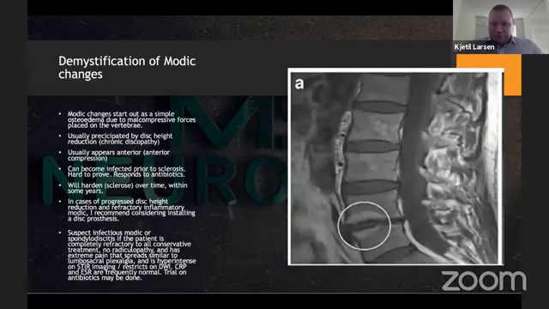Modic changes tend to develop in the front of the spine, so the anterior aspects of the vertebra in the beginning. This fits well with the herniation mechanism because when we compress in the front, there's approximation of the bones in the anterior aspect, and there's a separation in the posterior aspect.